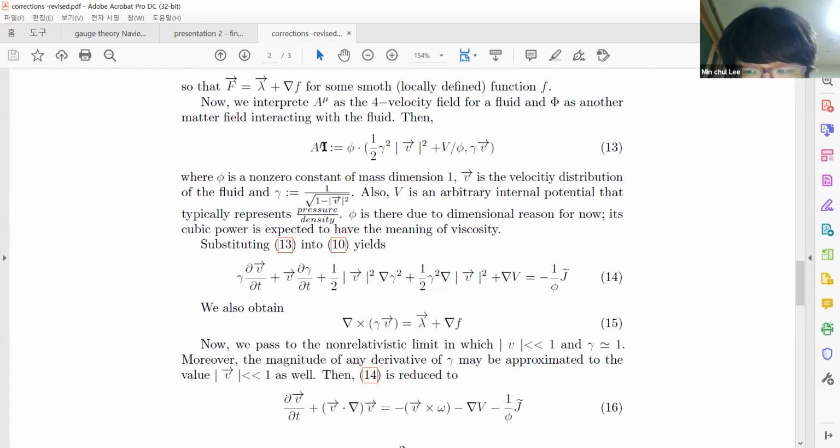But in this case, instead of interpreting A mu as the vector potential for the electromagnetic field, we interpret A mu as the velocity field for the fluid. Yeah, but I'm saying that, interpretation or otherwise, you get some equations where A mu plays the role of the vector potential in electromagnetism. There's no freedom in that, right? This isn't an interpretation, it's just what it has to be, unless I misunderstood.